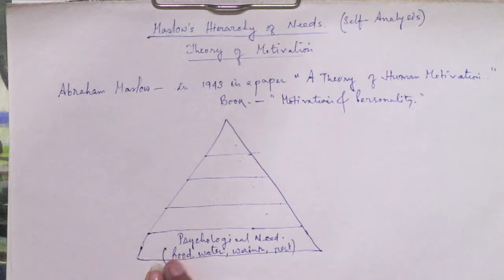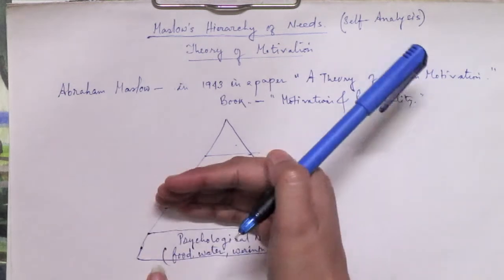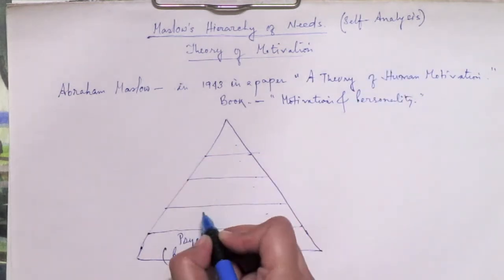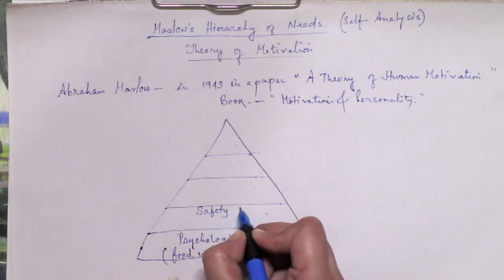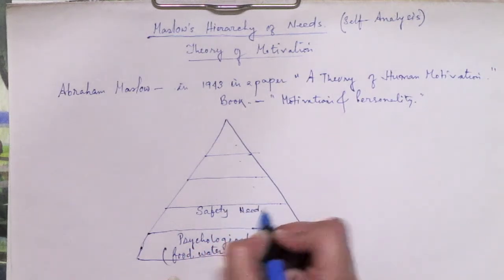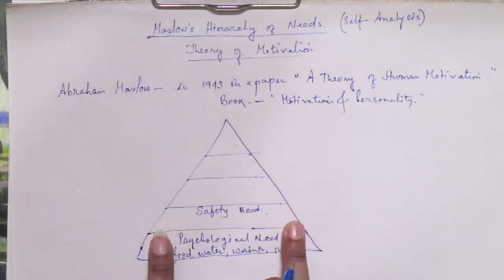And then when the psychological need of an individual is fulfilled, he or she seeks another level of need, which is safety need. What comes under this type of need?